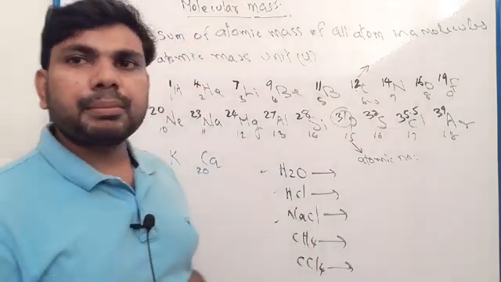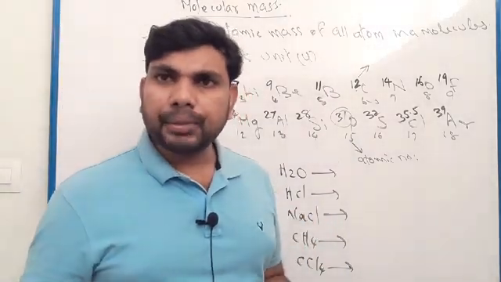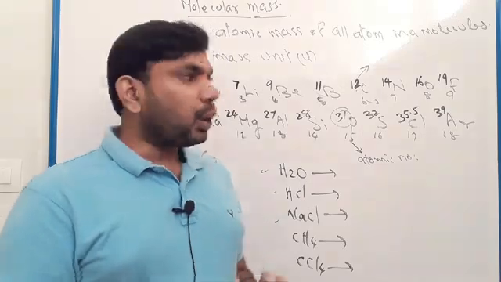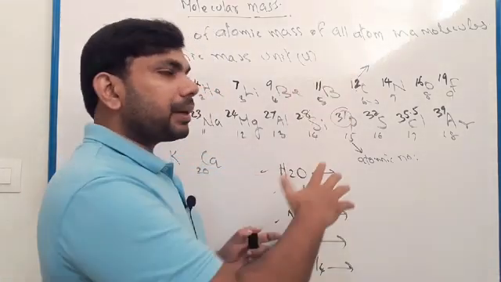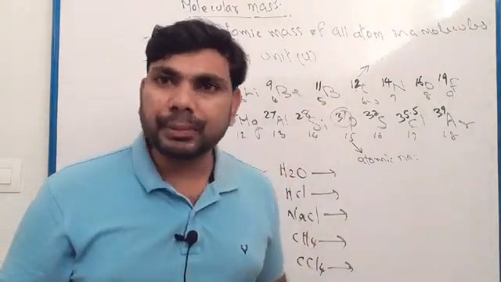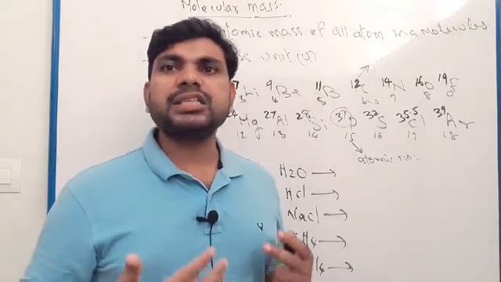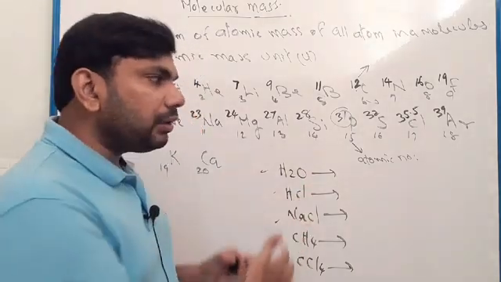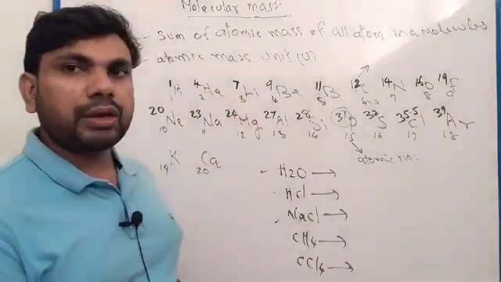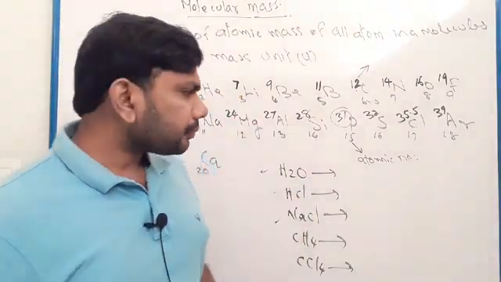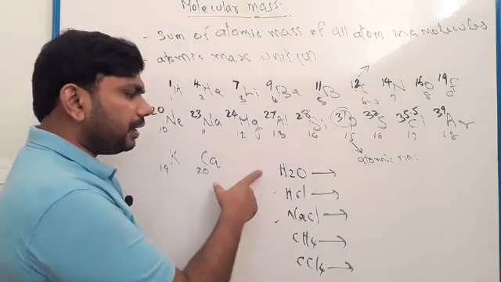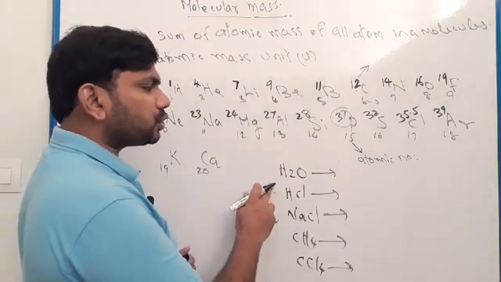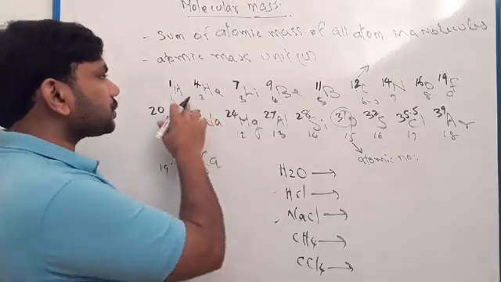So for each element there is an atomic number and an atomic mass. Always the bigger, higher number is the atomic mass. This atomic mass we will use to calculate molecular mass. Look here, you have H2O first. What is the mass of hydrogen?